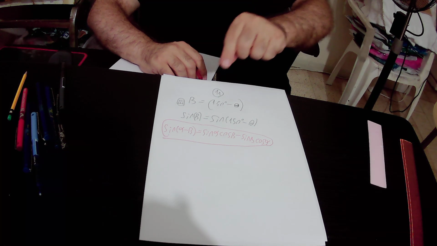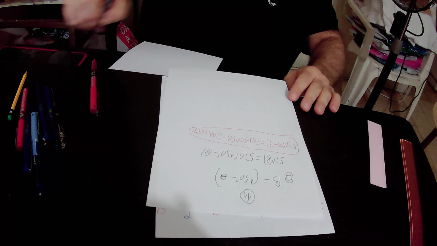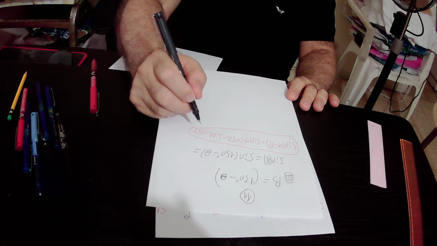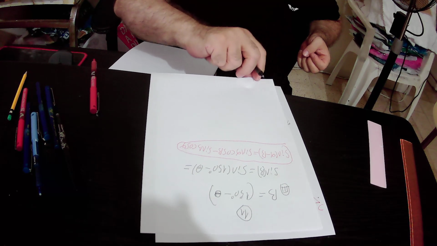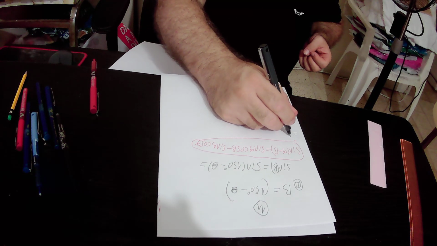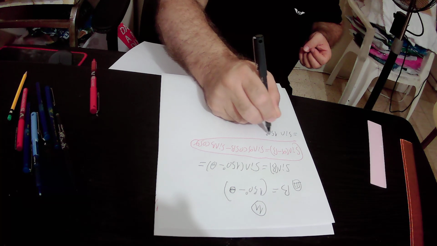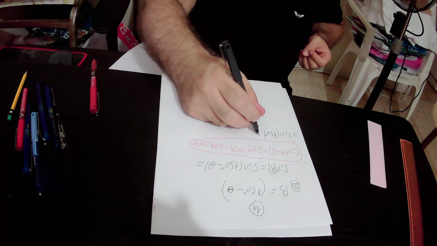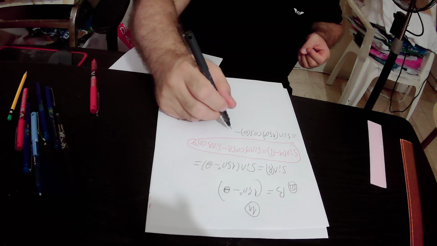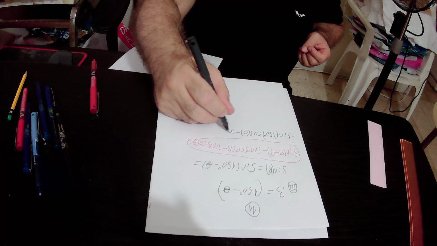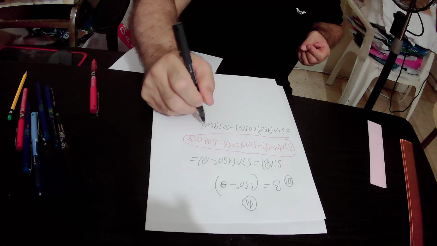So we will use this identity, and we will find out that the value of sinus 150 degrees minus theta according to this identity is actually sinus 150 degrees times cosinus theta minus cosinus 150 degrees sinus theta.